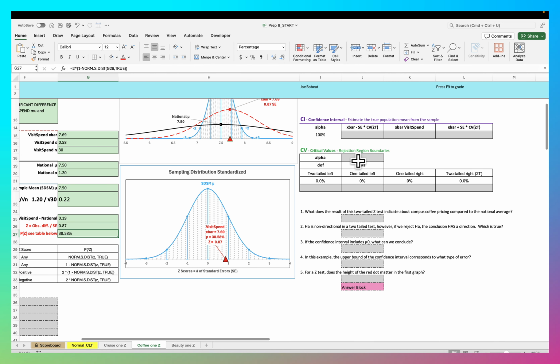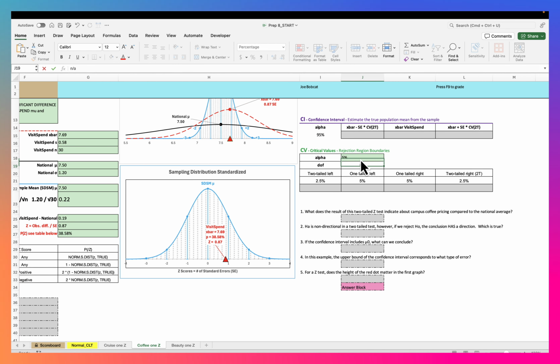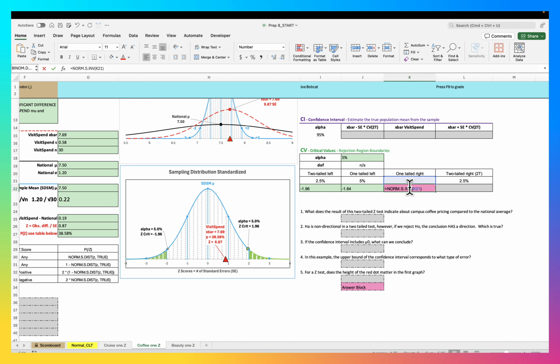But let's be scientific. So our alpha is 5%. Now we can see for sure we are outside the rejection region. And then let's finish this off. So remember, this is NORM.S.INV of this number, and calculate it across, and then for this one, we do the 1 minus when we're dealing with the right tail.